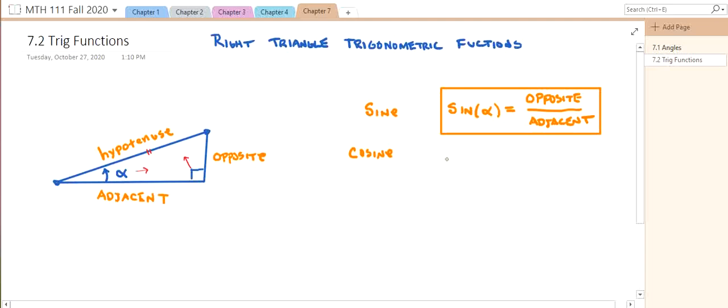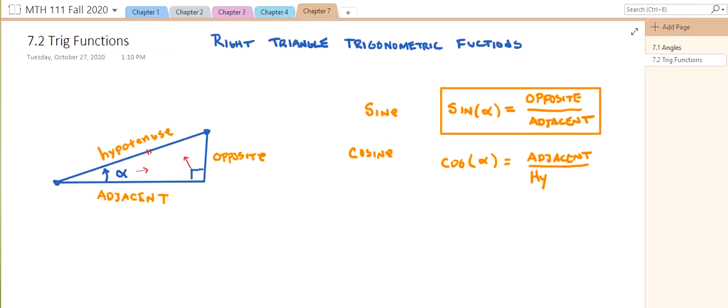And then the cosine, we usually abbreviate as cos. Sine we abbreviate sin. So cosine of alpha equals the adjacent over the hypotenuse.